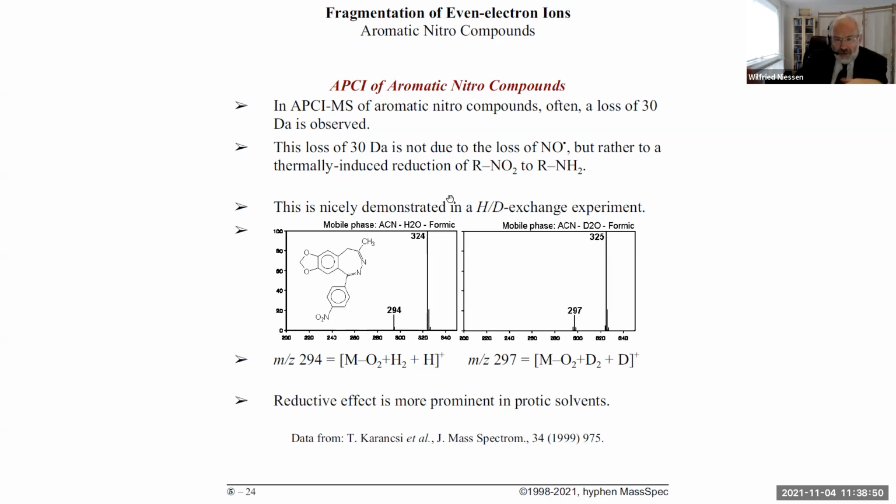Police department, nitro compounds, explosive, then you immediately understand why this is. And he showed that under GCMS conditions in chemical ionization, what you actually see is not losses of NO dot, but a thermally induced reduction from the NO2 to the NH2.